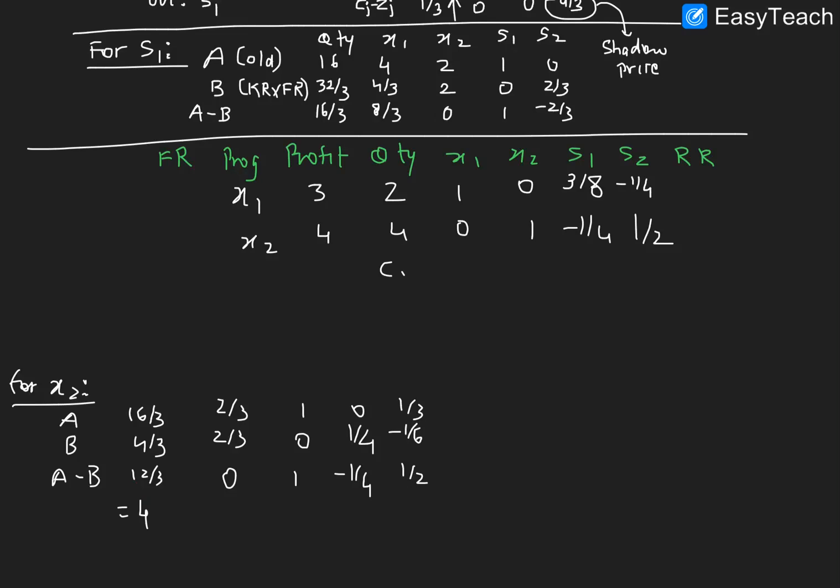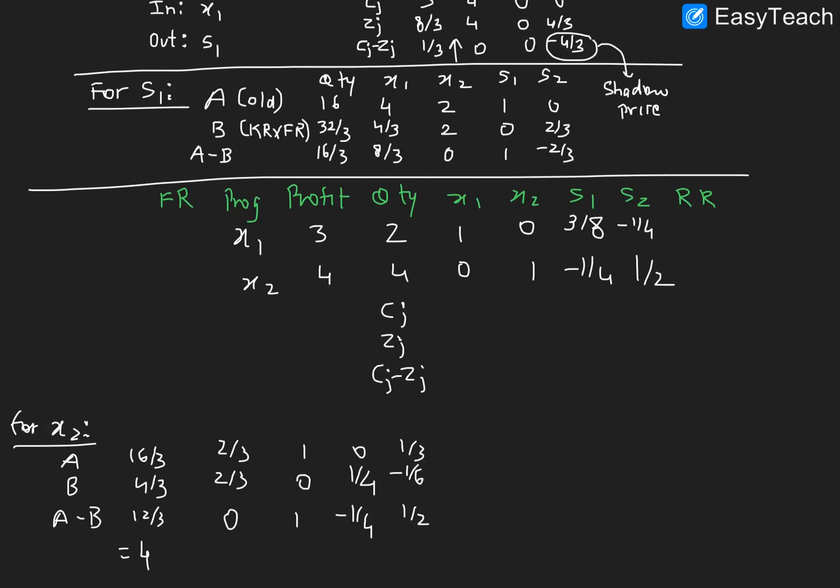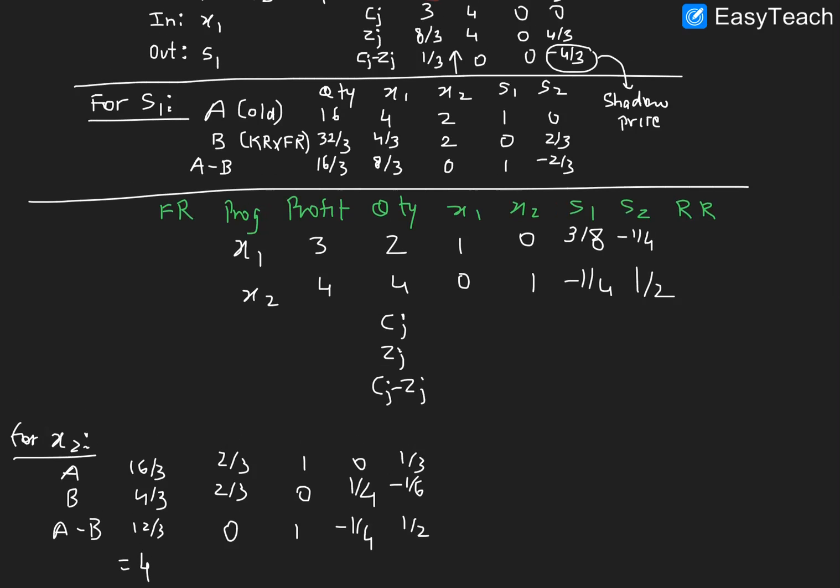Then the next step is to get Cj, Zj, and then Cj minus Zj. Cj values are whatever we had earlier, the coefficients from the objective function: 3 rupees, 4 rupees, 0, 0, these are the profits. Zj, we know it is 3 into 1 plus 4 into 0, so that's 3.